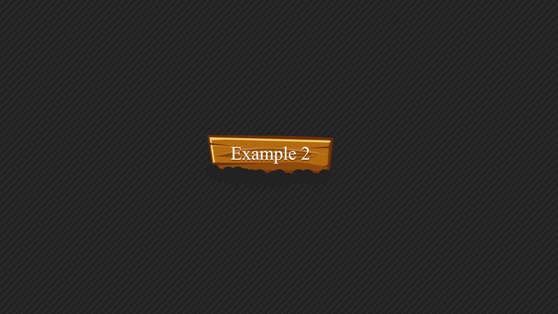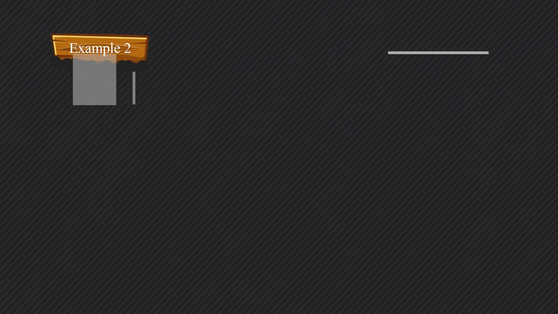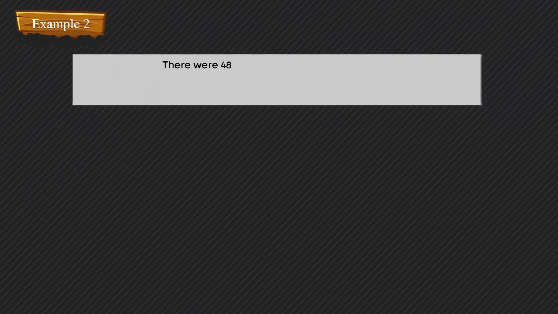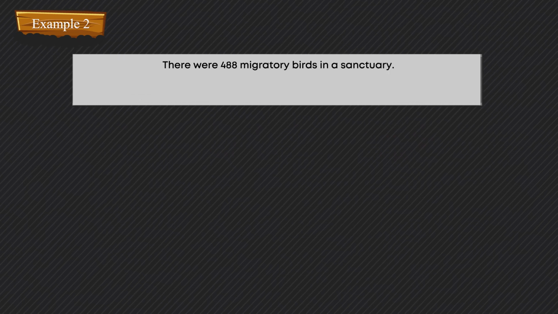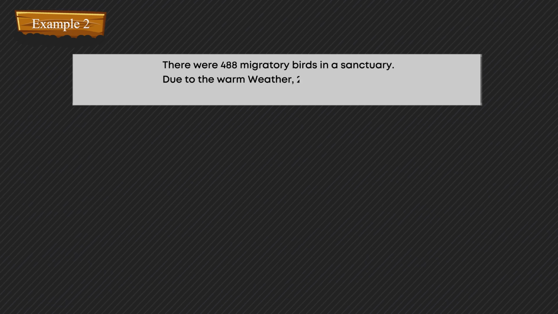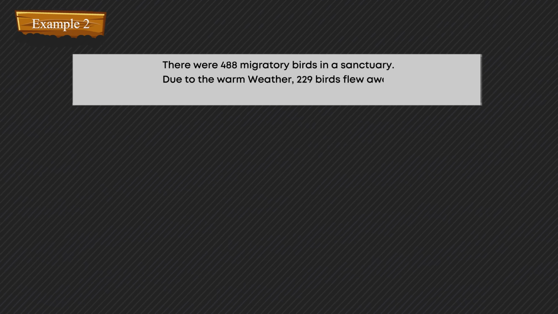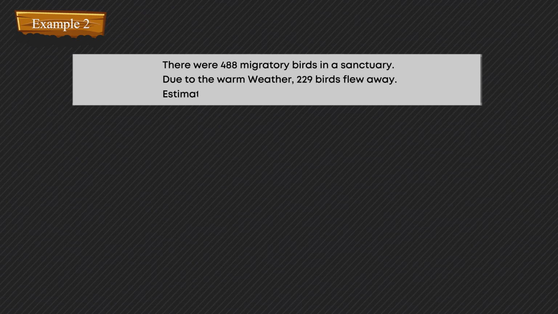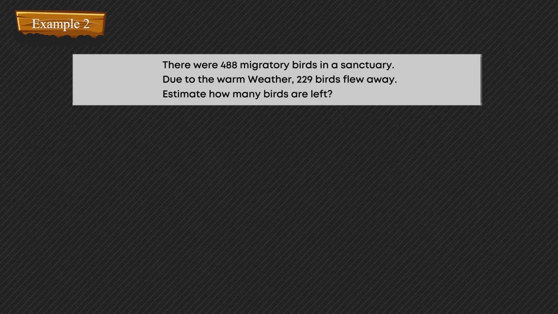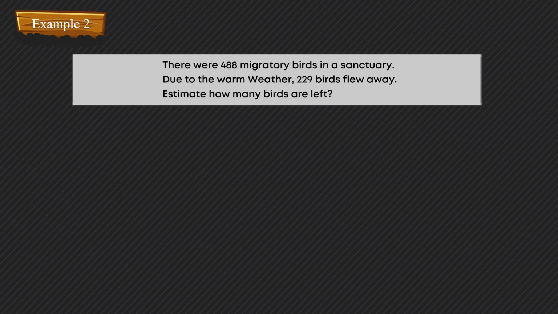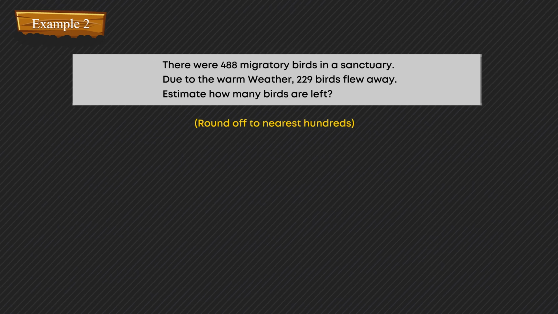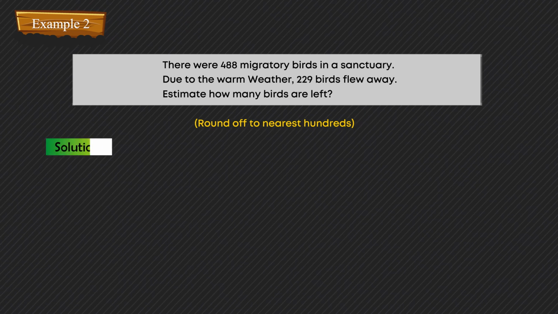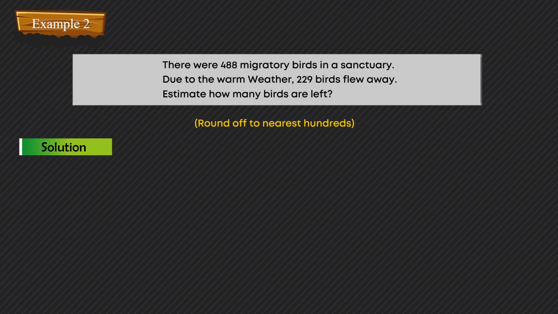Example 2. There were 488 migratory birds in a sanctuary. Due to the warm weather, 229 birds flew away. Estimate how many birds are left. Round off to nearest hundreds. Solution.